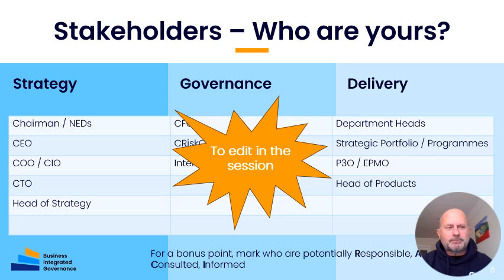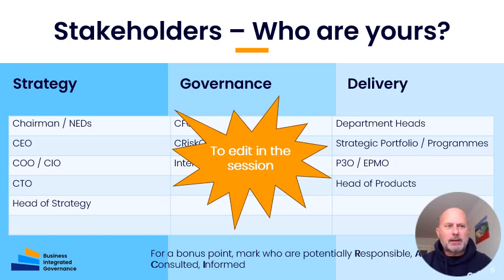Stakeholders, who are yours? I guess where you come from in the organisation will probably determine who these folks are and who are in your reach. But clearly, if we take those strategy, governance and delivery domains again, we might very easily be able to identify roles or people that in our organisation we think we're going to need to influence.